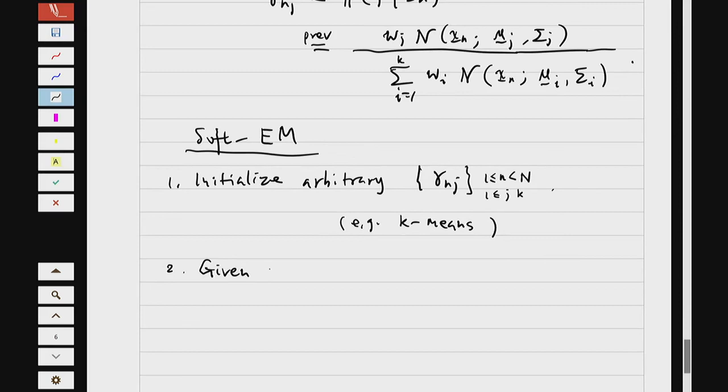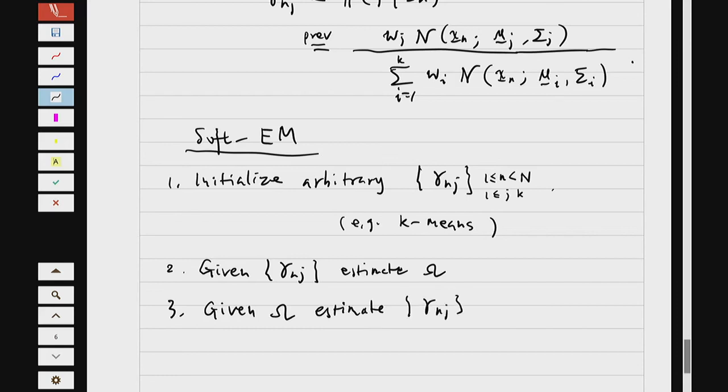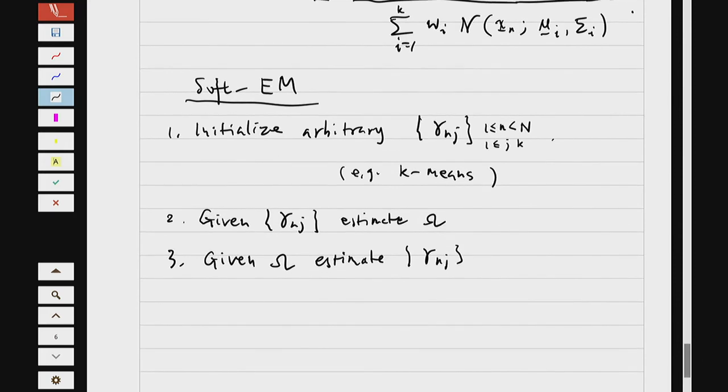And then the rest is the same, simple. Now you're given gamma nj, you estimate omega, and then given omega, you update, if you want, it doesn't matter, the gamma nj, and then repeat until convergence.